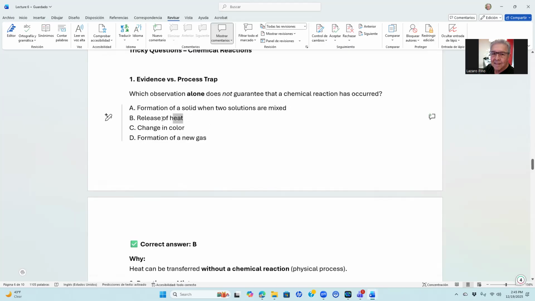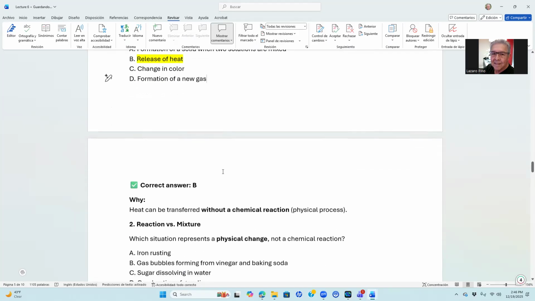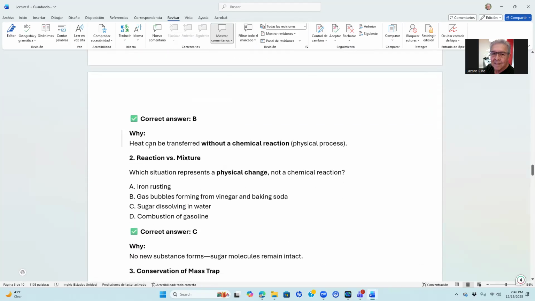Well, release of heat alone does not guarantee that the chemical reaction has occurred. Then this is the correct answer. Why? Because heat can be transferred without a chemical reaction in a physical process.